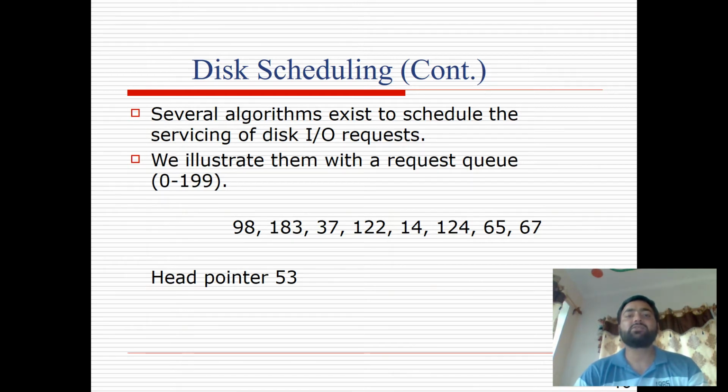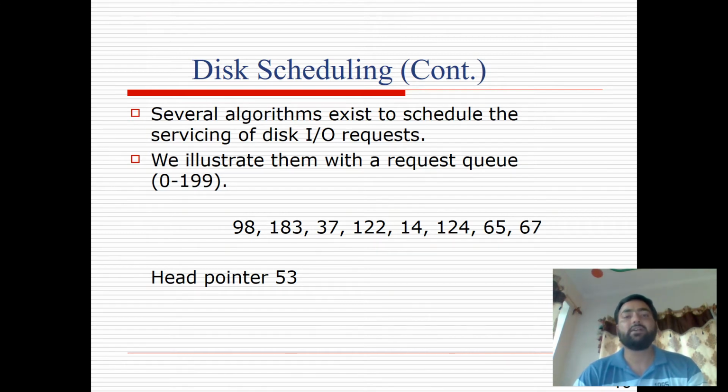So we will illustrate these requests with a request queue from 0 to 199, and we will have a disk read request string with the disk locations as 98, 183, then 37, then 122, then 14, then 124, then 65, and then 67.